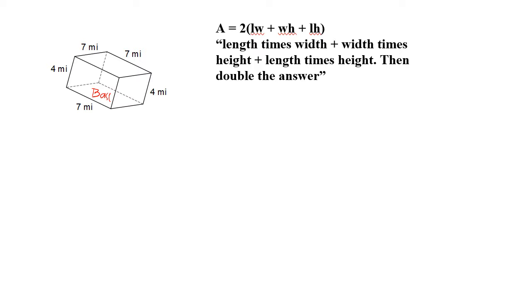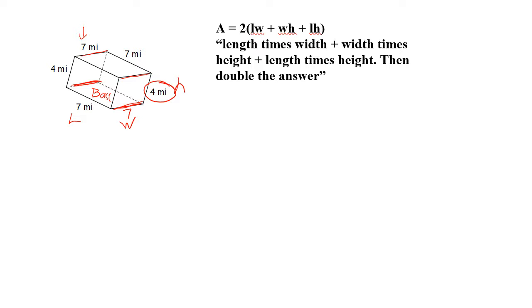That means I'm going to call the 7 my length, and then I need to figure out what this width is. So I need to find another side that's equal to that. There it is. So that tells me that this is also 7. So it actually has a square base, even though it doesn't really look like it. Okay, so I'm going to call that 7 my width.